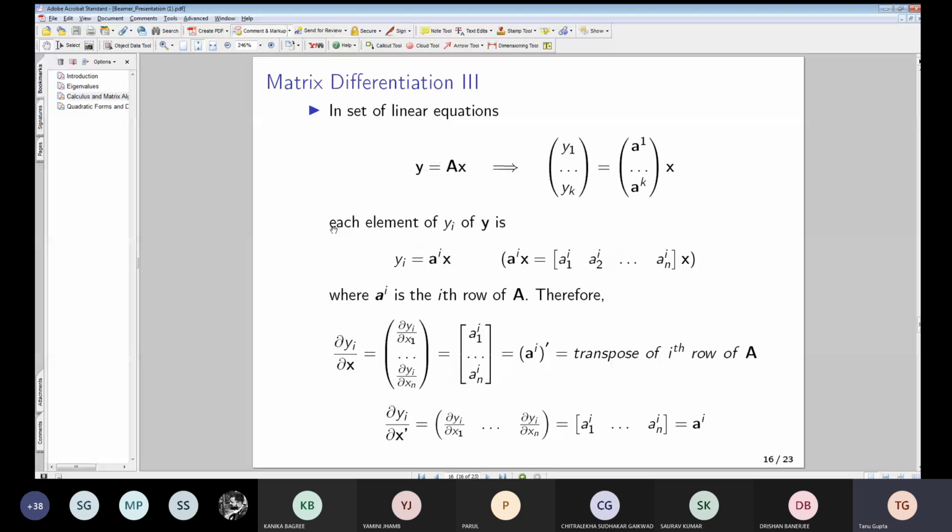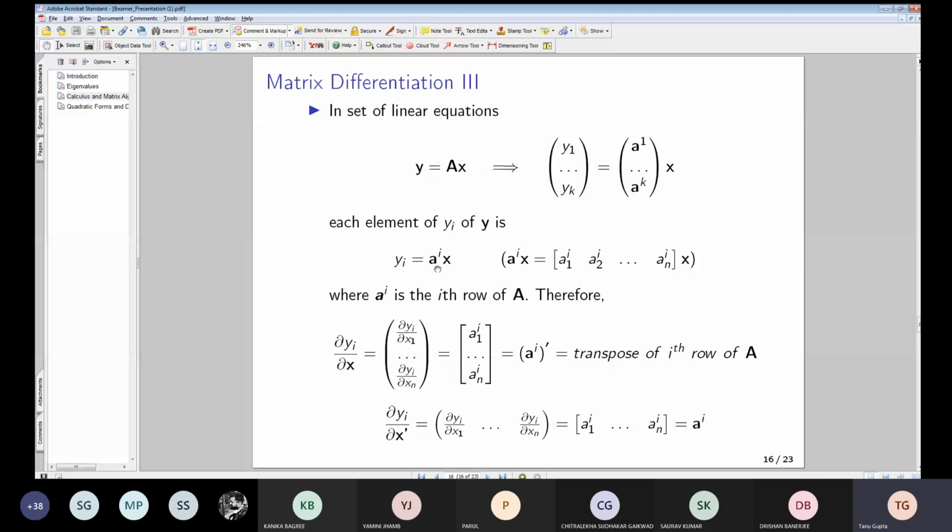So effectively, what does it mean? Each element yi of vector y can be written as yi is equal to Ai x.